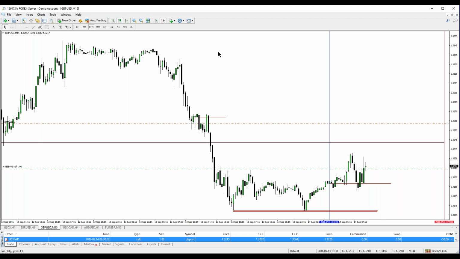All right, we got about 12 minutes left of the ICT London Open kill zone. I'd like to see it be able to come down out of that, at least get below the middle of this candle here. That would bode well.